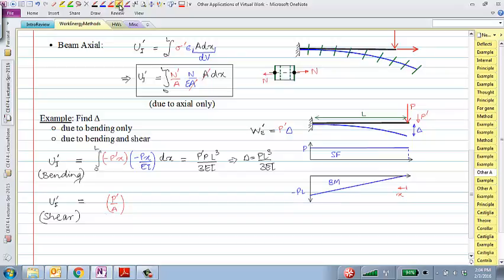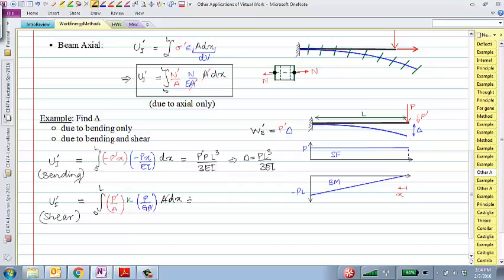I'll stick in that shape factor, and the real shear strain, what would that be? P over GA. So real shear force P divided by GA. And I'll keep A dx here, integral 0 to L, cancel off one of the A's.